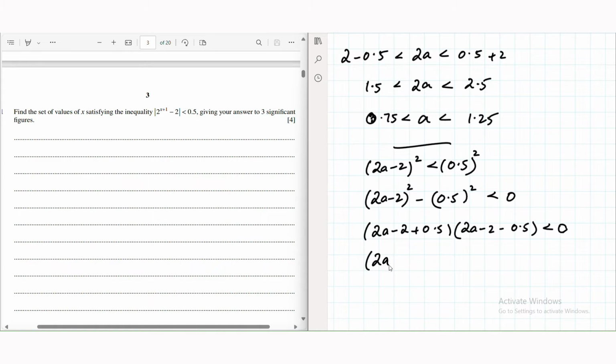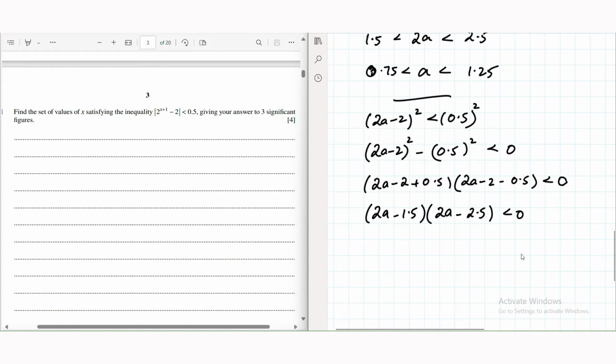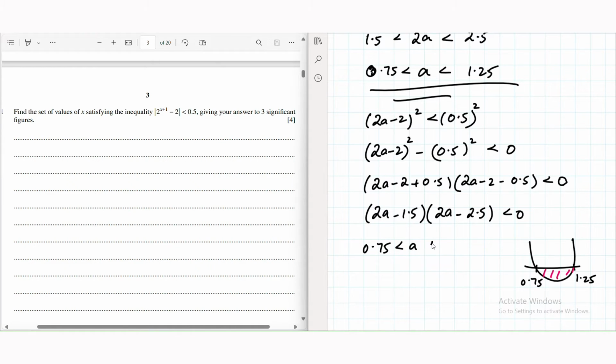This would become 2a minus 1.5 and 2a minus 2.5 less than 0. This is sort of like a quadratic inequality where one critical point would be 1.5 divided by 2, that is 0.75, and the other one would be 2.5 divided by 2, which is 1.25. Since we want the area less than 0, that would be in between these, and that is exactly what we had before. So 0.75 less than a less than 1.25.